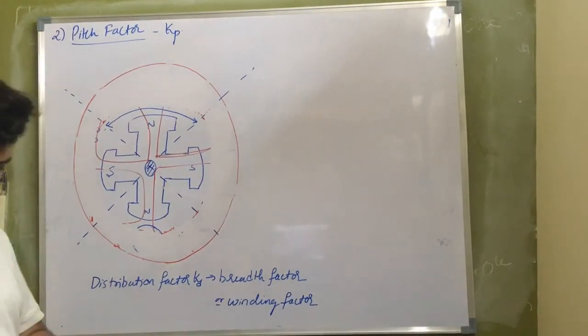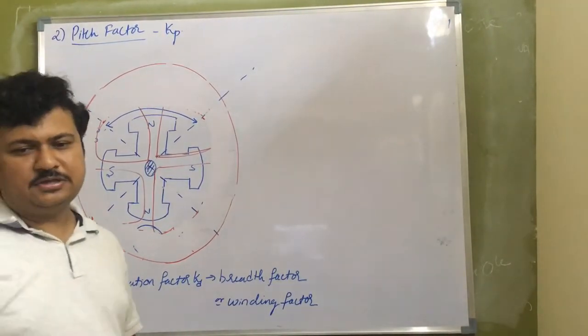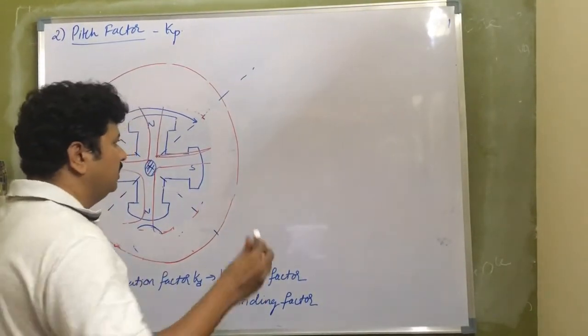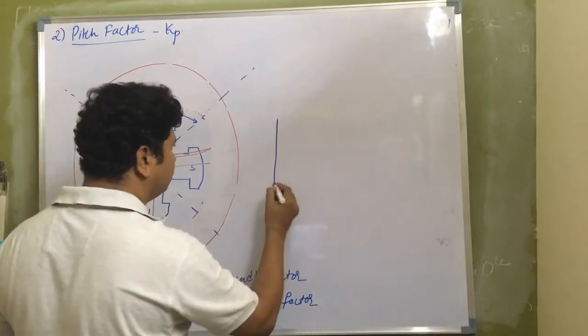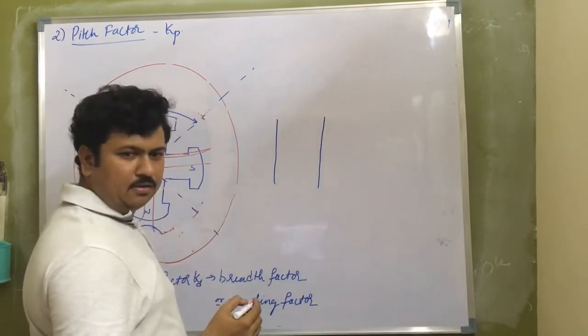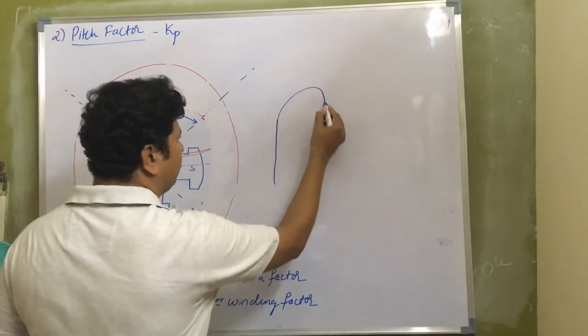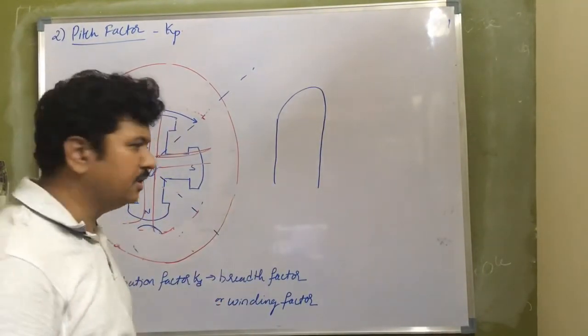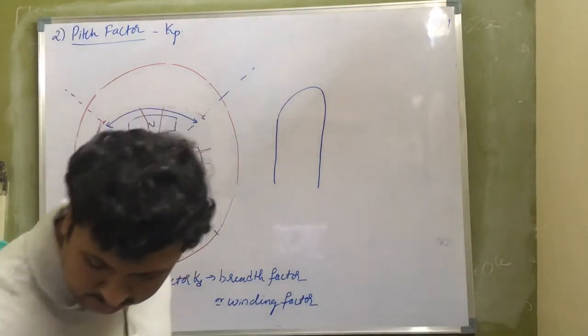Now I already have told the conductors are placed in the form of winding, in the form of coils. This is one conductor, this is second conductor. If I connect them back to back, this becomes one turn. I will show you clearly.